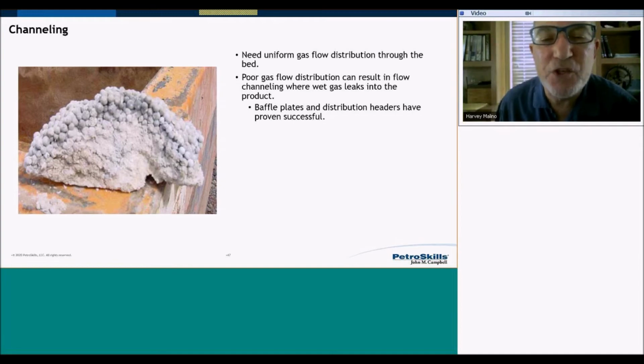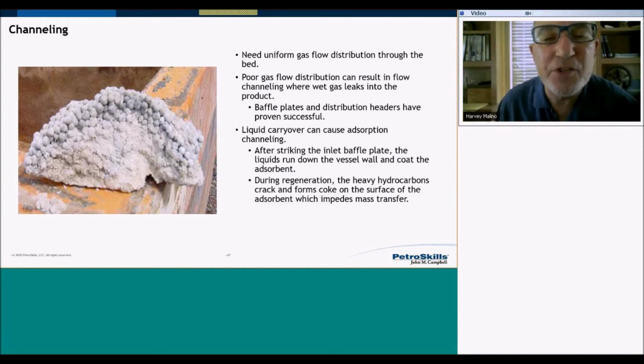Baffle plates and distribution headers have proven very successful in the industry. Liquid carryover: what happens is the small amounts of liquid hit the baffle plate and run out to the walls because the density of the liquid is much larger than the density of the gas.